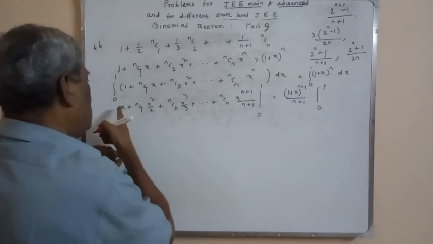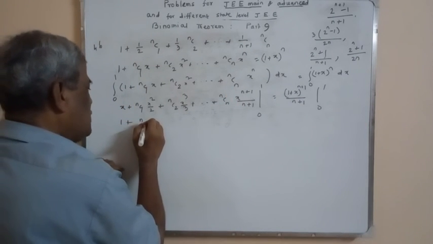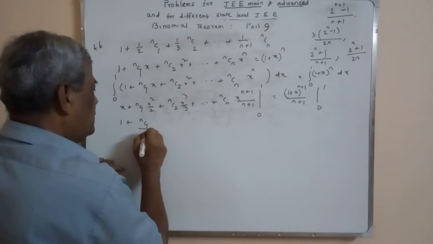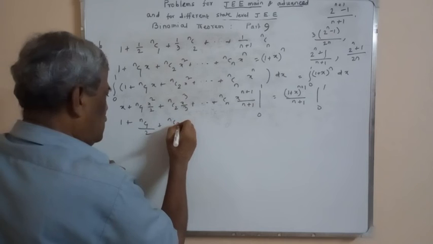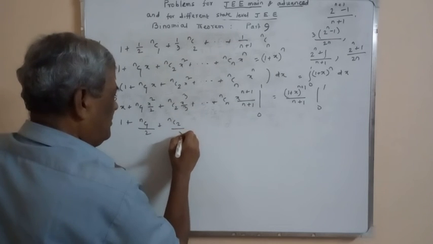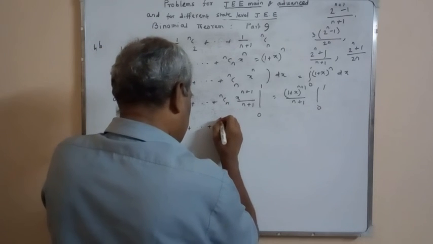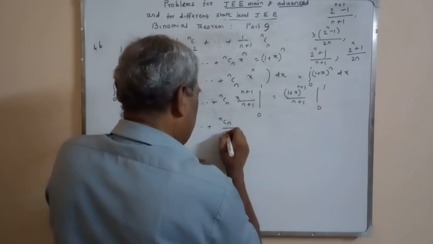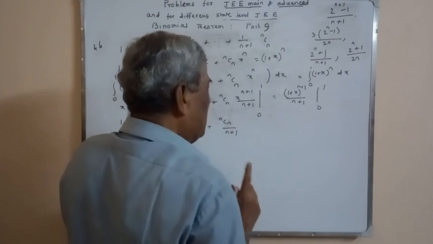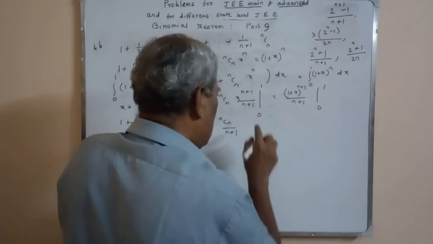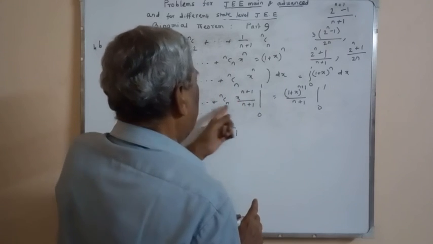Putting x equal to 1, it is 1 plus nC1 by 2 plus nC2 by 3 plus up to nCn by n plus 1, and for the lower limit, putting x equal to 0, all terms will vanish.